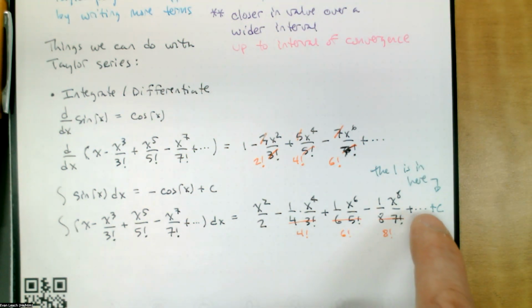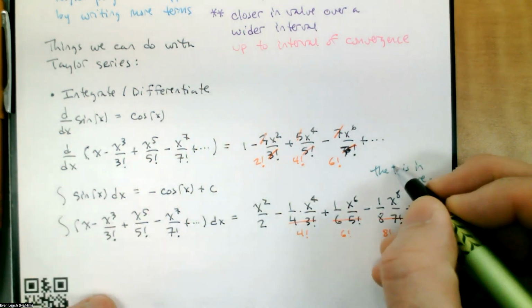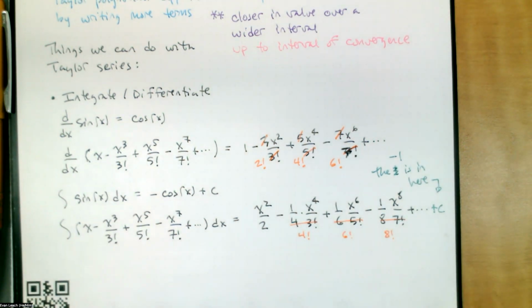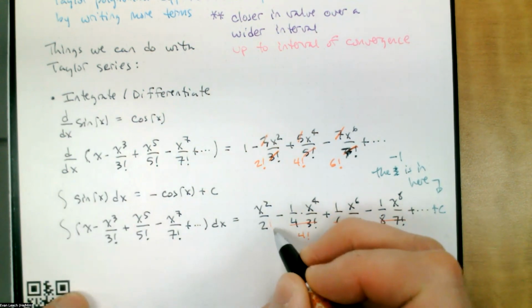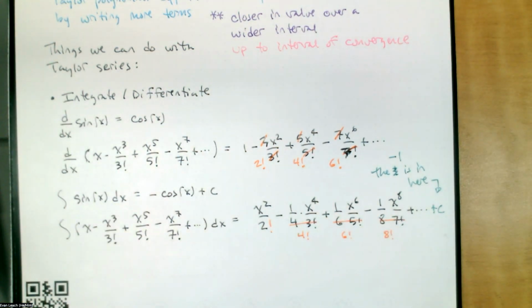So I guess the minus 1 is in there. 2 by itself is the same as 2 factorial. So we've got all the pieces that we're looking for. So one of the things that we noticed is that we can integrate and differentiate as expected. This is always good news when it works, when math works exactly like you think it would work.